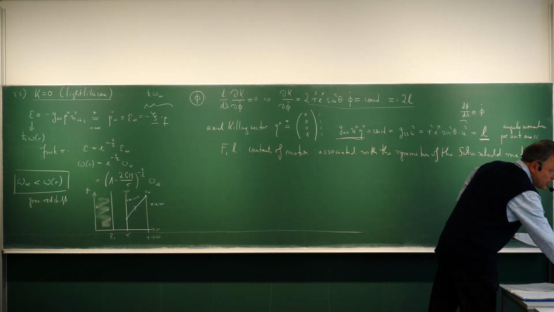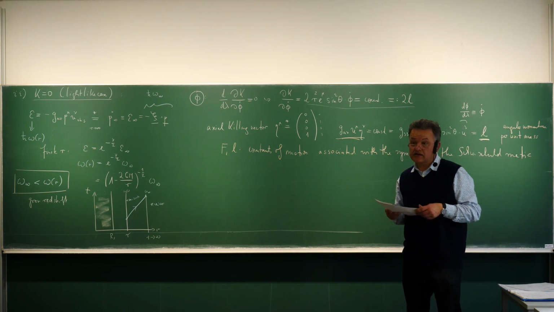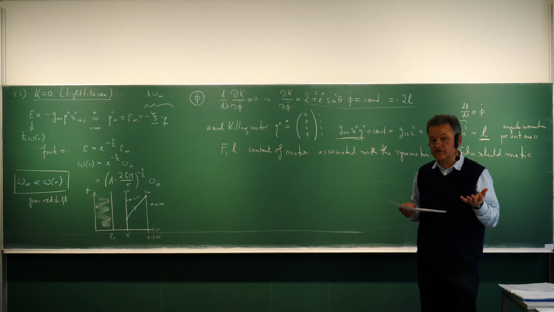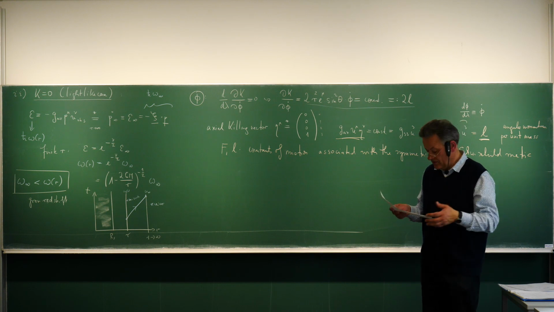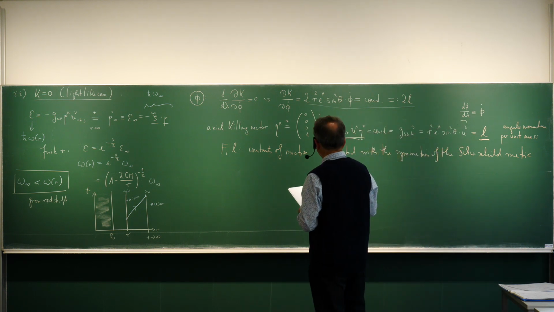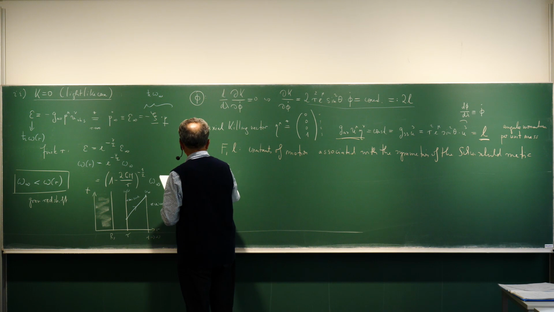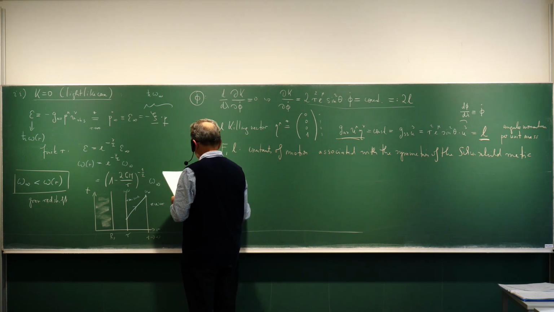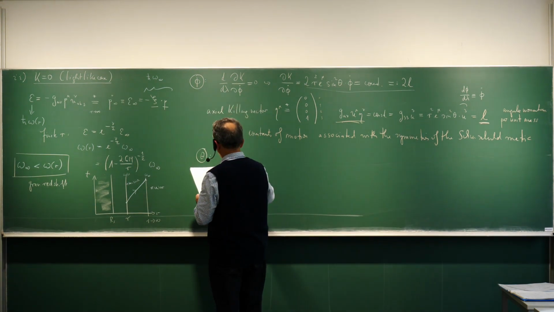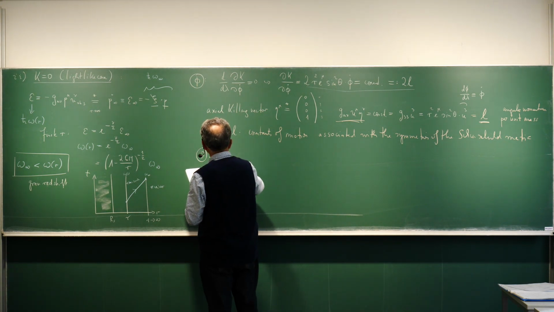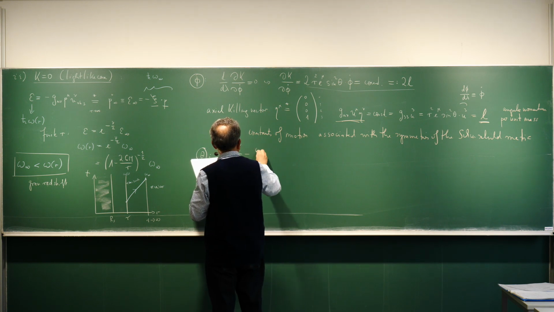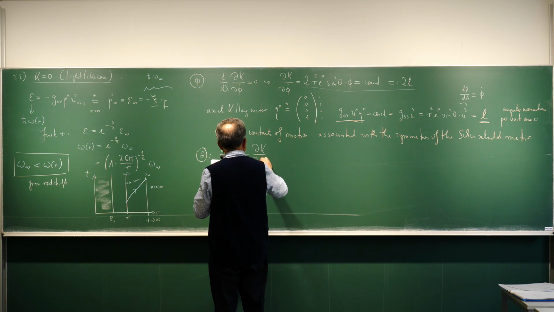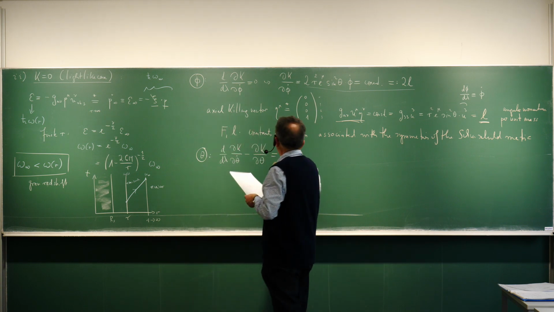The next coordinate is theta, and theta has a theta dot in the Lagrange function, but also theta occurs explicitly in the sine and cosine theta. So it's no longer cyclic. So for theta, we have the following Euler-Lagrange equation: d over d lambda of dK over d theta dot minus dK over d theta is 0.